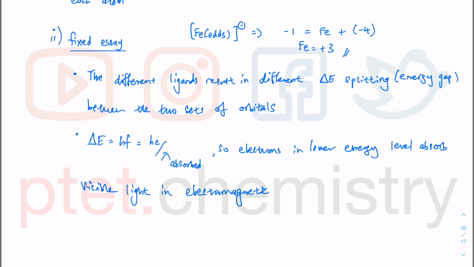I probably don't need to mention electromagnetic spectrum, it's just confusing. Lambda refers to the wavelength just now, so perhaps I can just write down lambda.